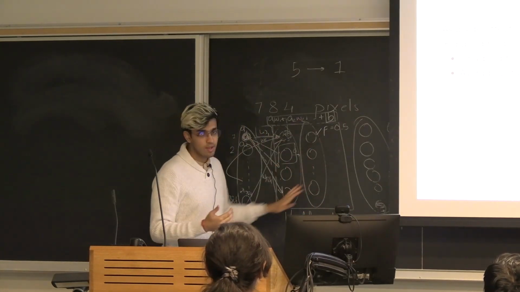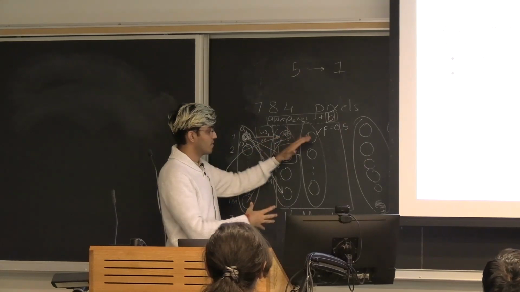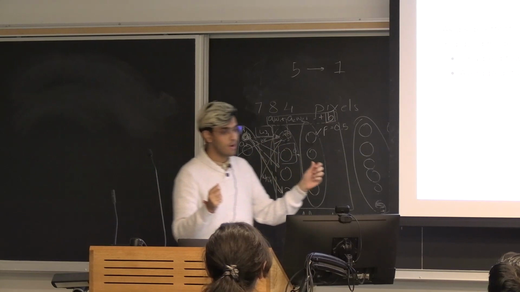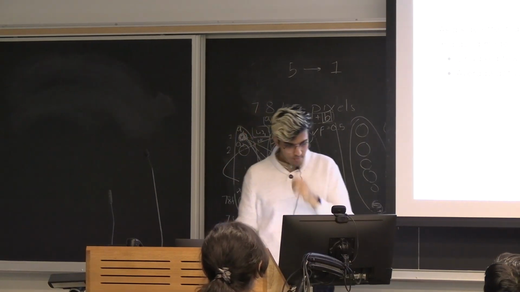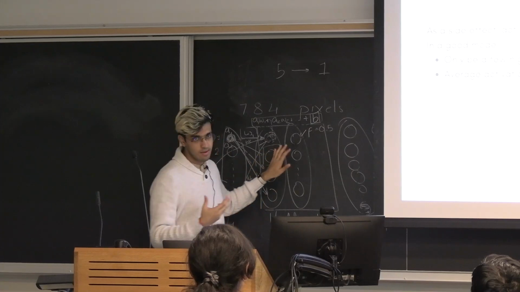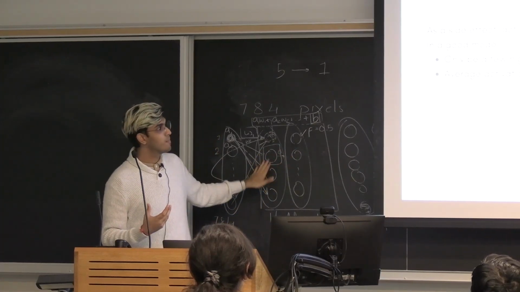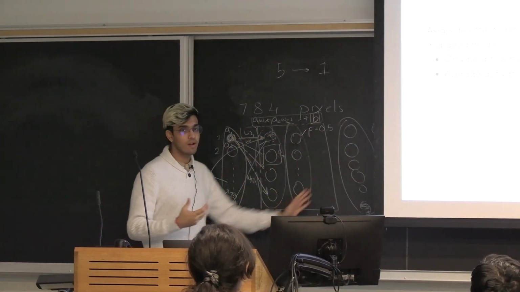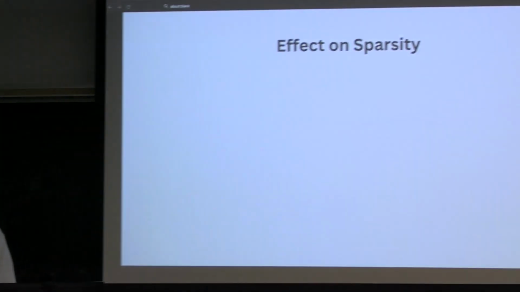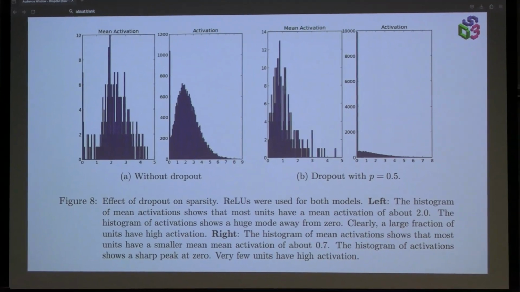Same thing internally as well. I only want a small subset of quote-unquote neurons to fire, right? I don't want everything to fire. So what that means is that small subset will have a high output or high activation, but the average activation across the entire neural network should be low, right? And we're going to see how that looks for this.